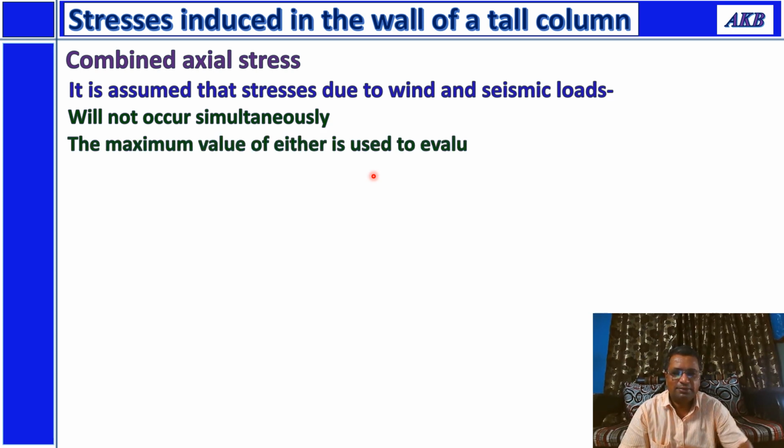What is done? The maximum value of either is used to evaluate combined stress. So you calculate stress due to wind load, you calculate stress due to seismic load, and use the maximum of these two. The maximum value of either is used to evaluate the combined stress.